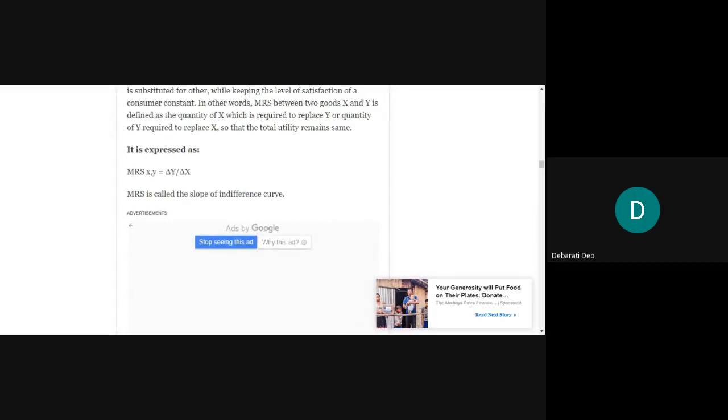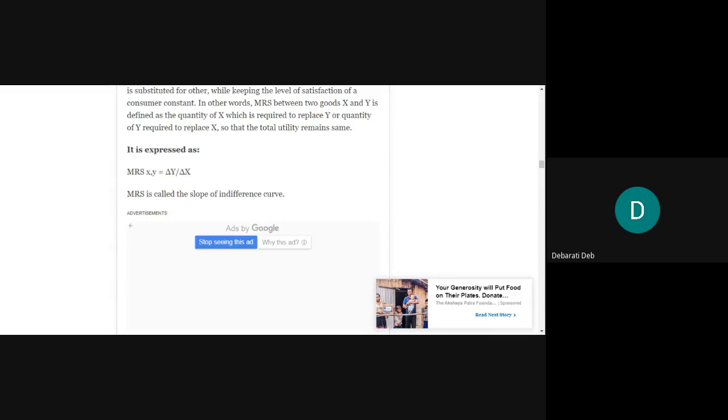Replace means you are decreasing. So whatever quantity of X will be required in order to replace or substitute Y, and whatever quantity of Y is involved in order to replace X, that is called the MRS.